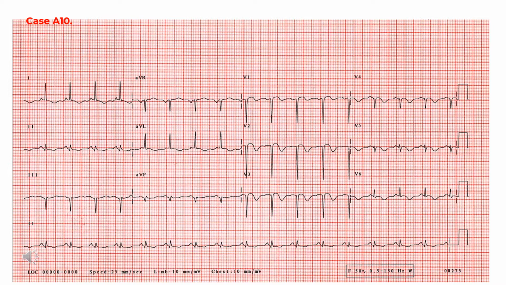The ST segments in the anterior leads have not quite returned to the isoelectric line at this stage and T wave inversion is present. T wave inversion is also present in the lateral leads, AVL, V5 and V6.